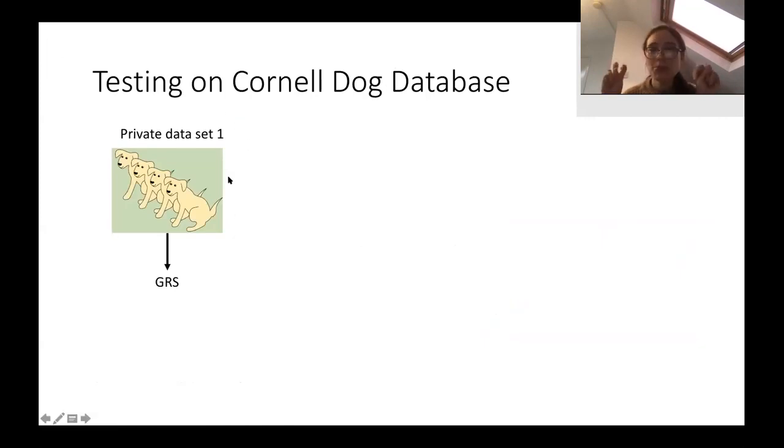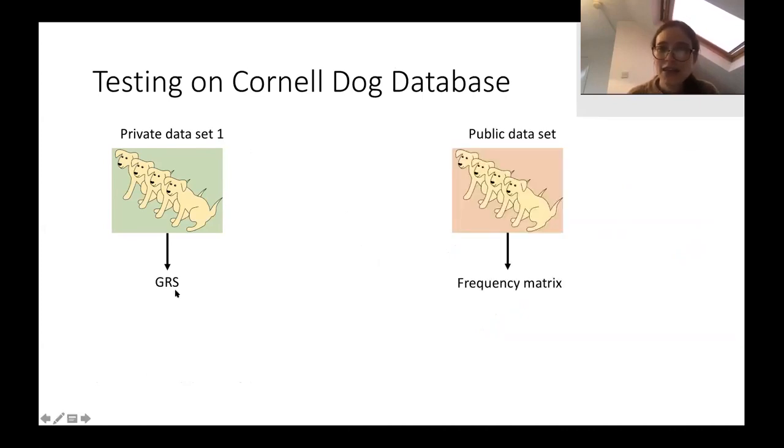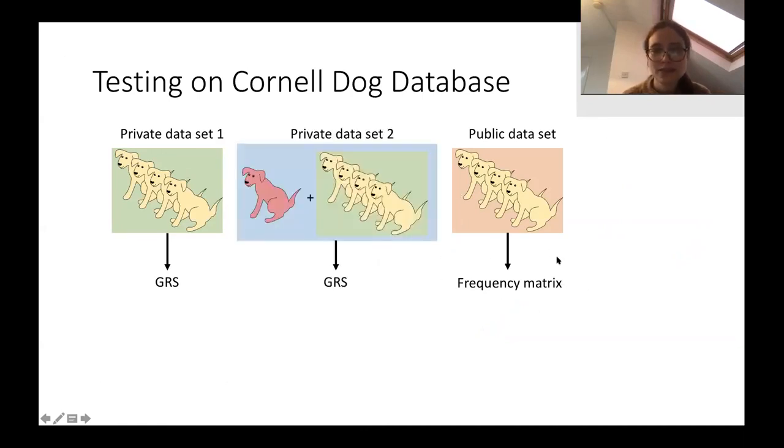First, we take a private data set and calculate the genetic risk scores. Then we take a public data set, which does not include any of the same dogs as the private data set, and calculate a frequency matrix. Then we add an additional dog that is not found in either the private data set or the public data set, and calculate a new genetic risk score.